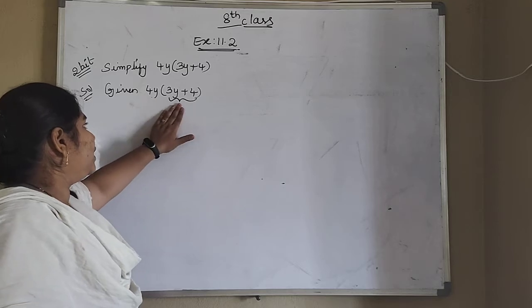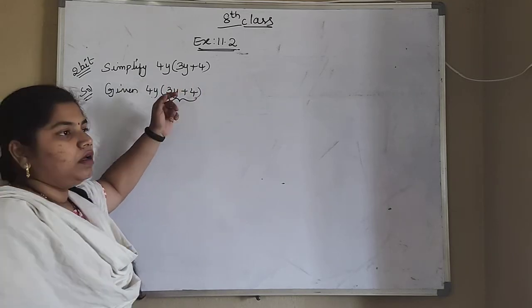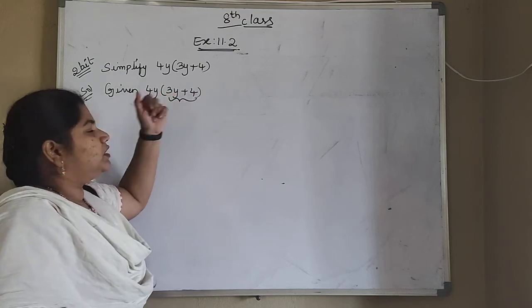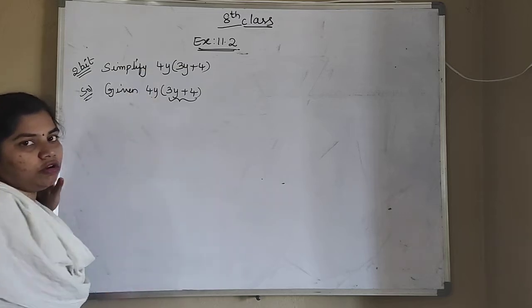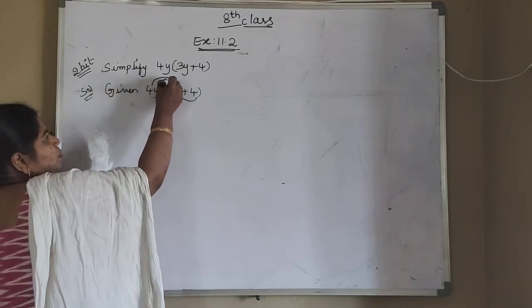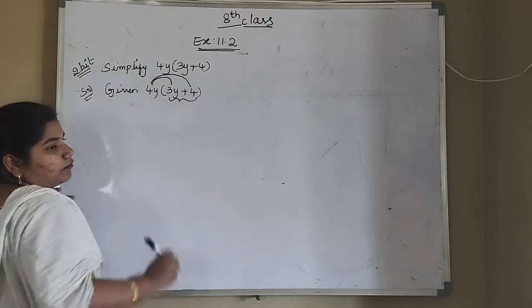So this monomial term should be multiplied with both terms in the bracket. That means this whole term should be multiplied with 4y. So 4y should be multiplied with 3y and 4y should be multiplied with 4.